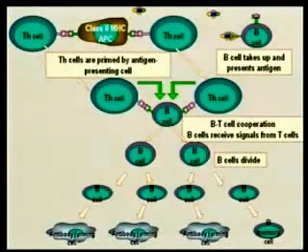This cell then can go out into the periphery and interact with a B cell that has processed and presented the carrier part of this. So once this primed T cell interacts with this B cell expressing the same antigen that it was presented by the other APC, this can deliver the appropriate signals to this B cell to then produce the antibodies.